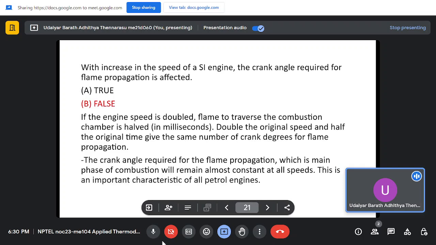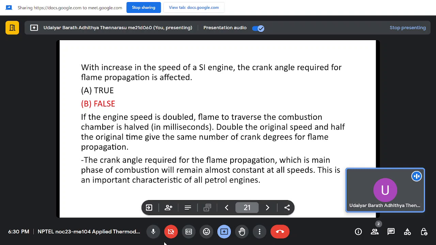So suppose if the engine speed is doubled, the time for flame to traverse the combustion chamber is halved. So the time required for combustion to happen is reduced. So what happens is the speed is doubled, because the engine is running.